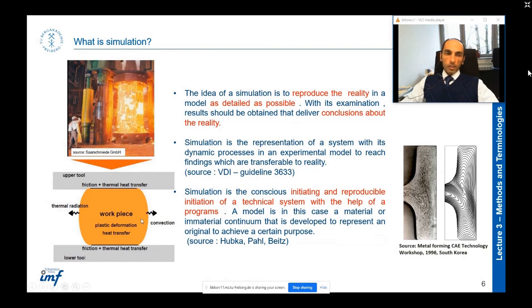So as you can see here, this is a simplified model of this upsetting process. Of course, why do we say simplified? Because you cannot simulate your physical model exactly the same as what is happening in reality.